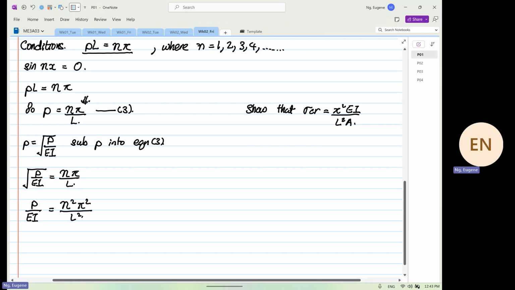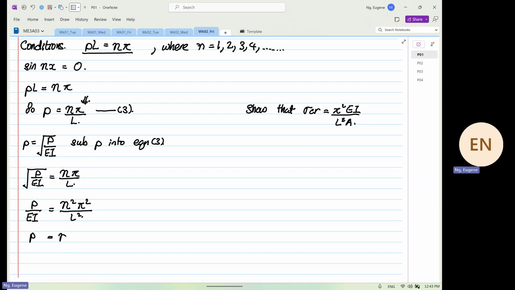We are almost done, as you can see. So P is equal to N squared pi squared EI over L squared.